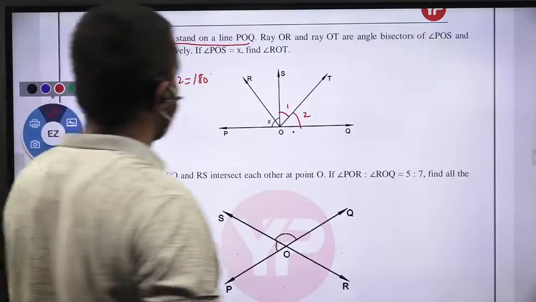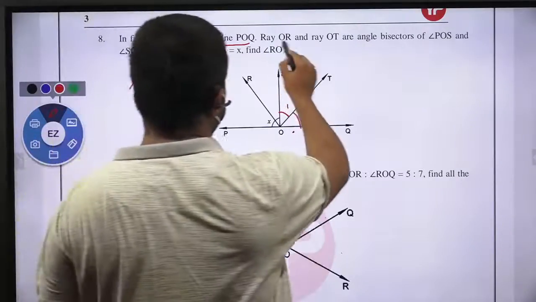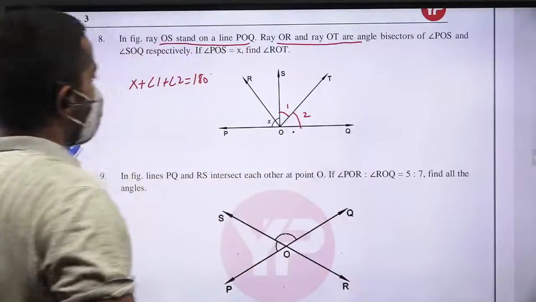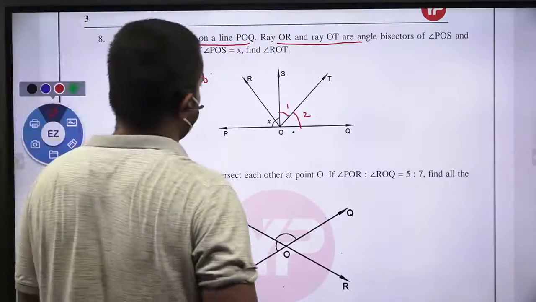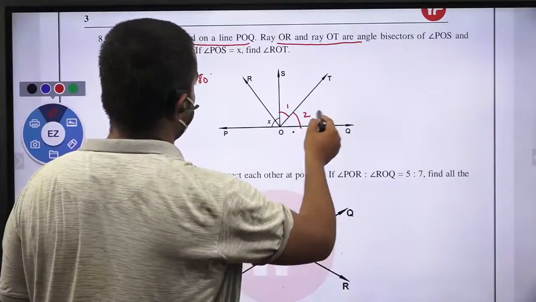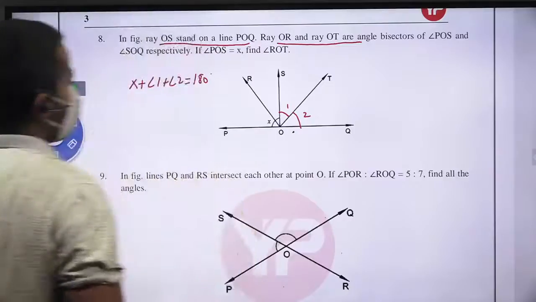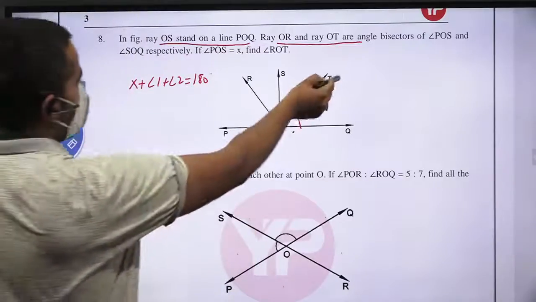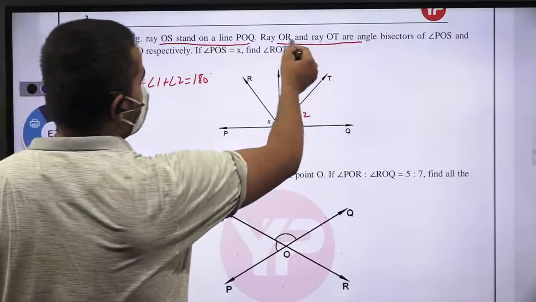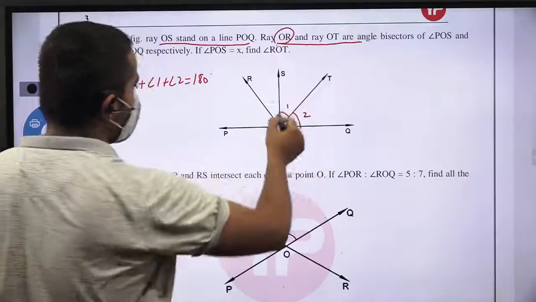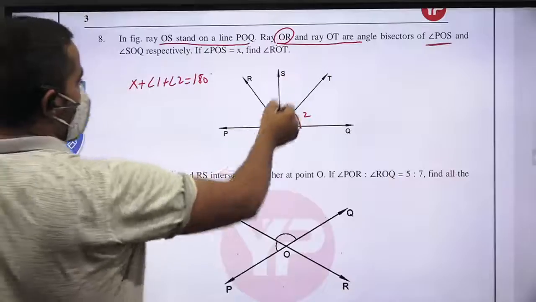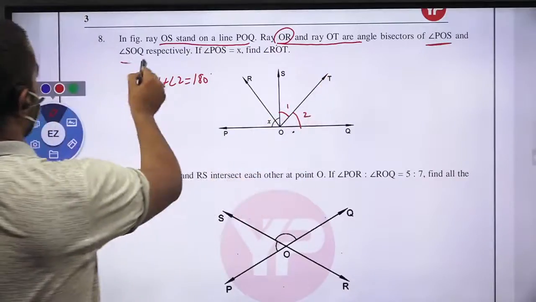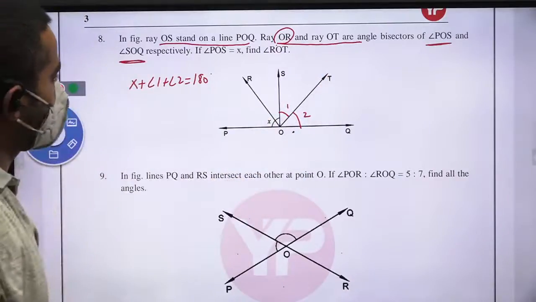Rays OR and OT are angle bisectors. OR is the bisector of POS, and OT is the angle bisector of SOQ respectively.